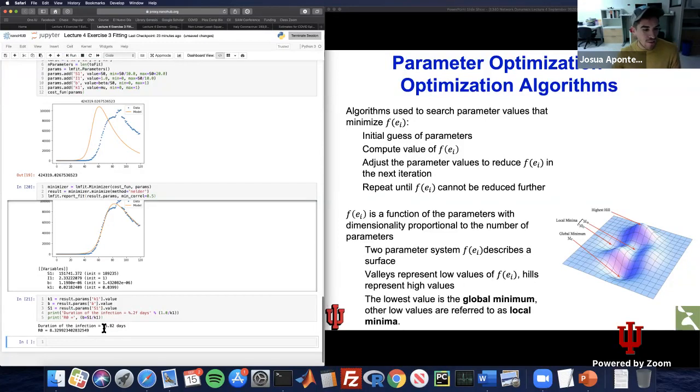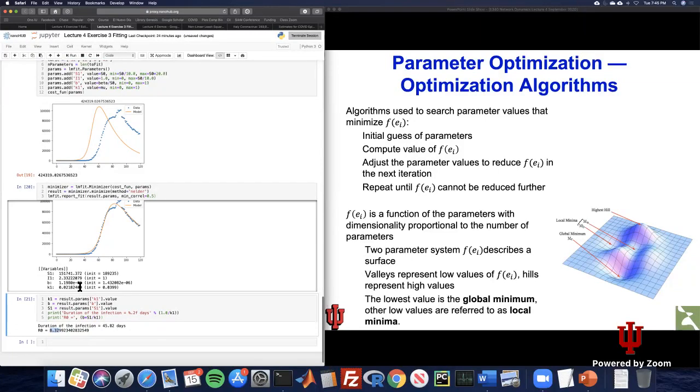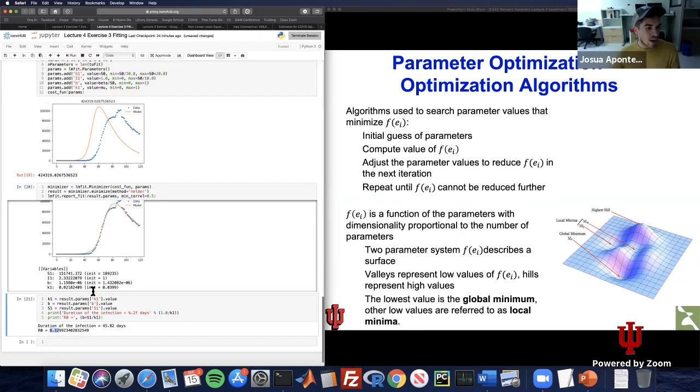So this one is kind of weird. The duration of the infection is very long now. It's 45 days, and the R naught is bigger than the one we estimated. Beta is about the same. K1 is not terribly different.